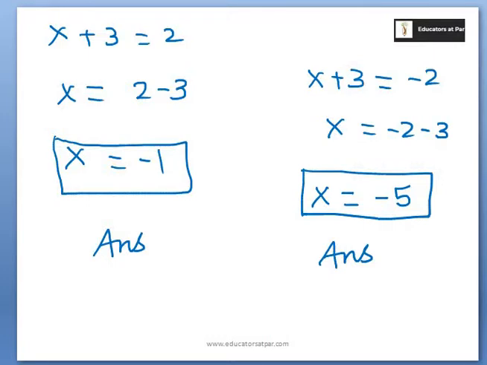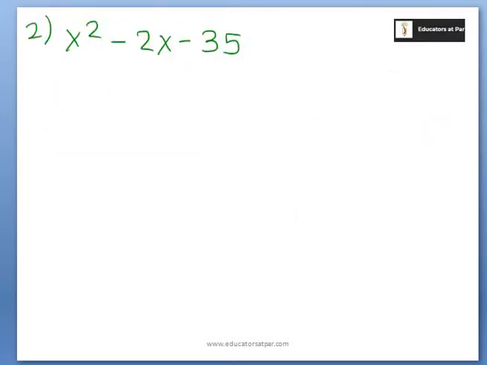Let's try to do another example. Now take the constant term to the other side. x² − 2x, the constant term is −35. When it goes to the other side, it becomes positive 35.